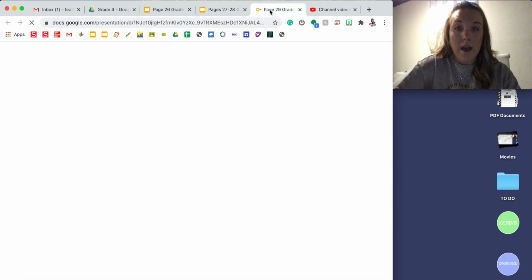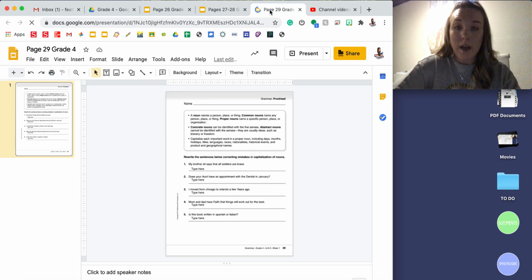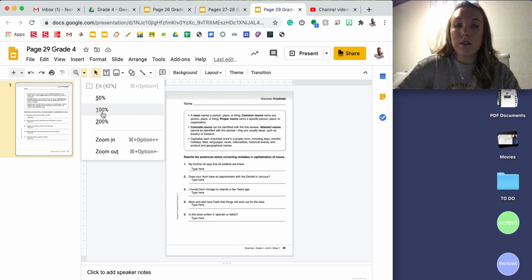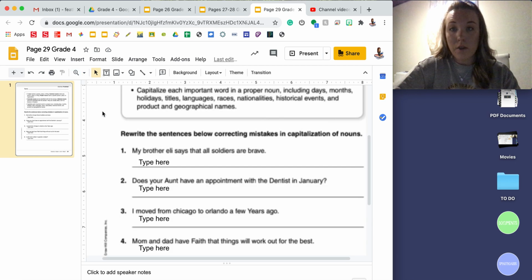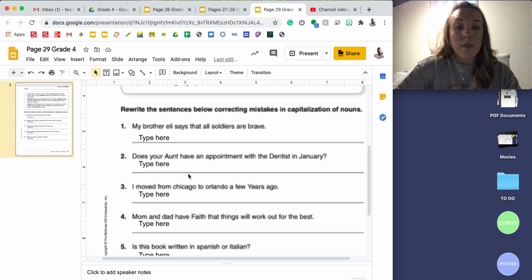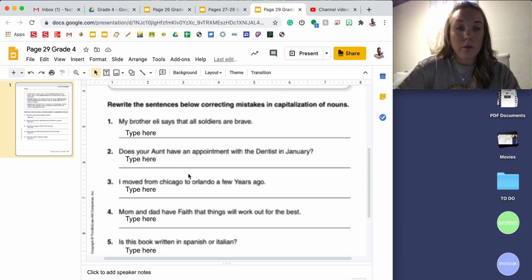On Wednesday, you will have page 29 assigned to you, and this page is a proofreading page. So the box at the top just reminds you of all of the directions from the previous 3 pages. The directions state to rewrite the sentence below, correcting mistakes in capitalization of nouns.